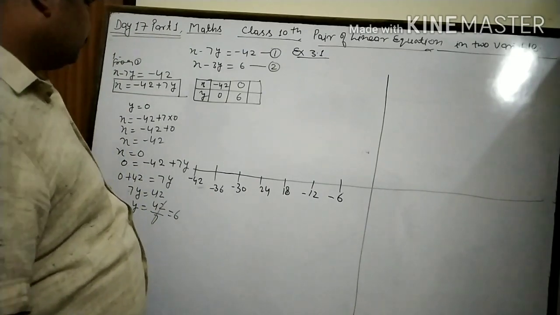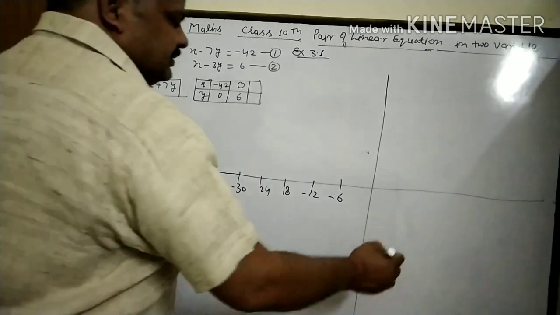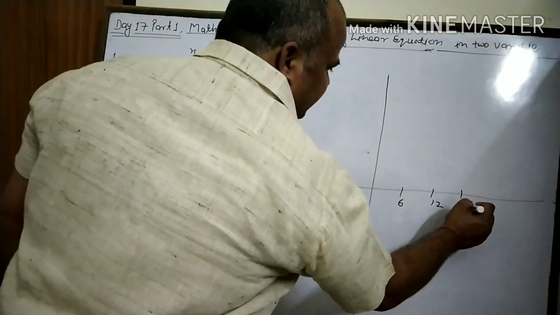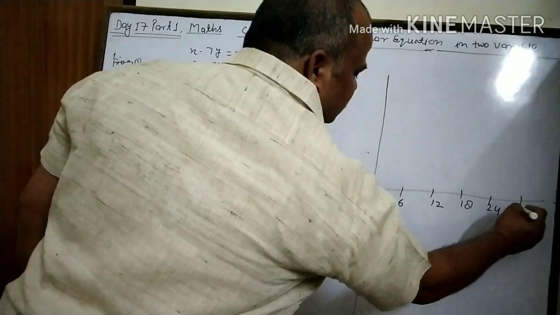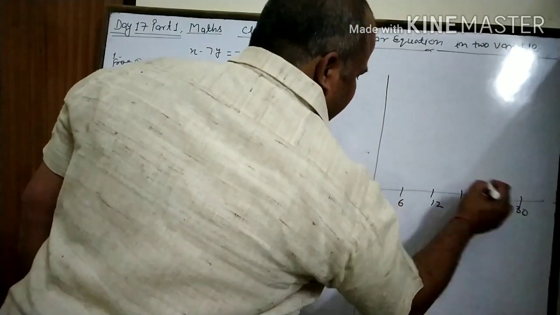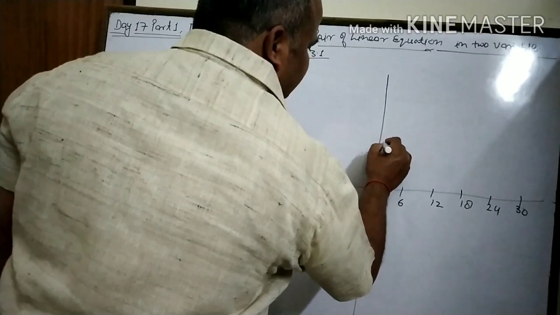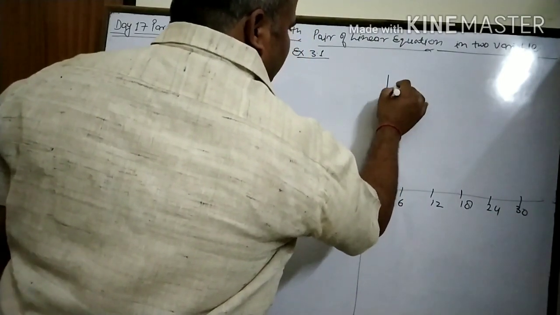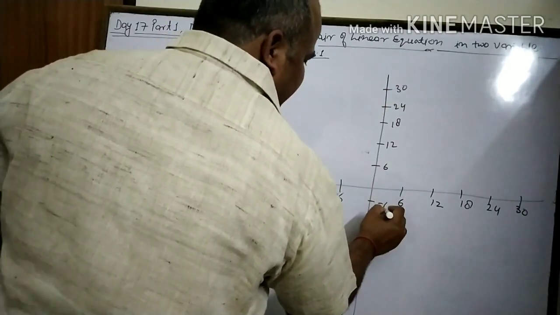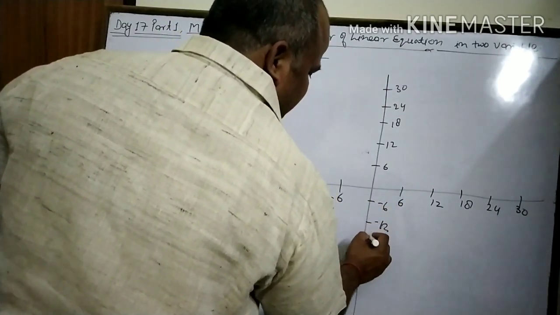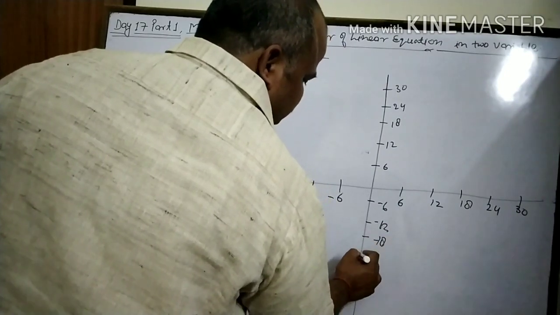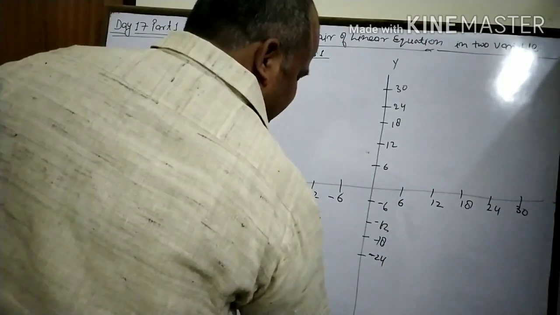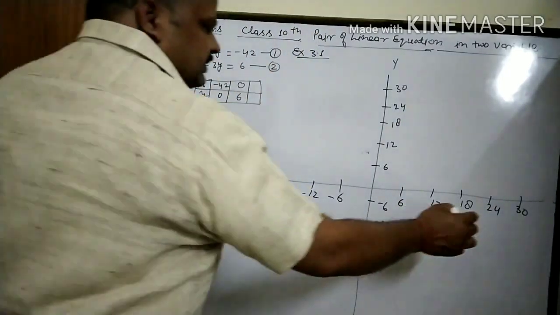And it is 6, 12, 18, 24, 30. In the same way, it is 6, 12, 18, 24, 30, minus 6, minus 12, minus 18, minus 24. In the same way, it is y-axis, it is x-axis.